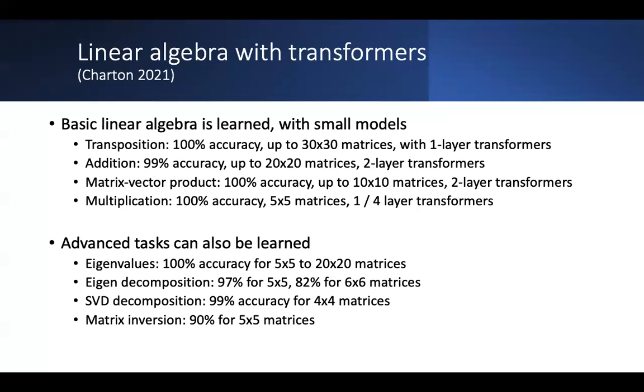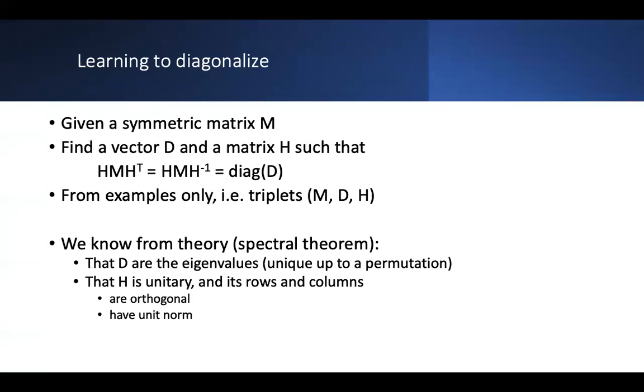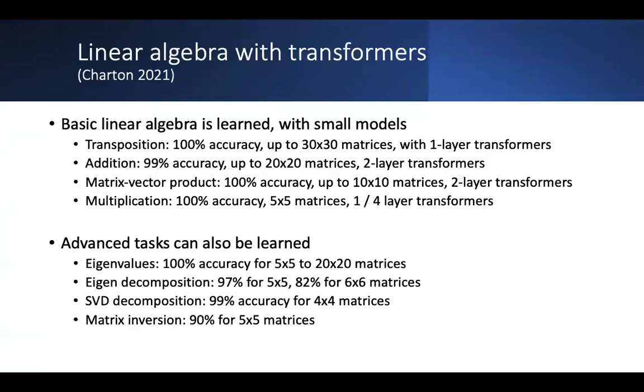Interestingly, you can also learn advanced tasks like eigenvalues. You can also learn eigendecomposition. You can learn matrix inversion for relatively small matrices, but not for larger matrices. So it works. The measure here is that I use the L1 norm on all the matrices, and I put a percentage of error, like 10% or 5% or 2%.